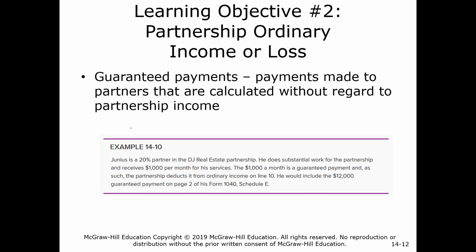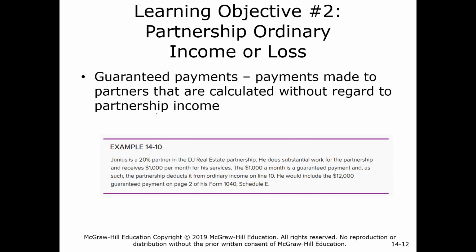The partnership is not responsible for paying payroll taxes on these payments, just like they would for an employee. They just distribute this cash to the partner, and the partner is responsible for paying self-employment tax on these guaranteed payments. In the same token, the partnership gets to deduct the guaranteed payments as a deduction against ordinary income.